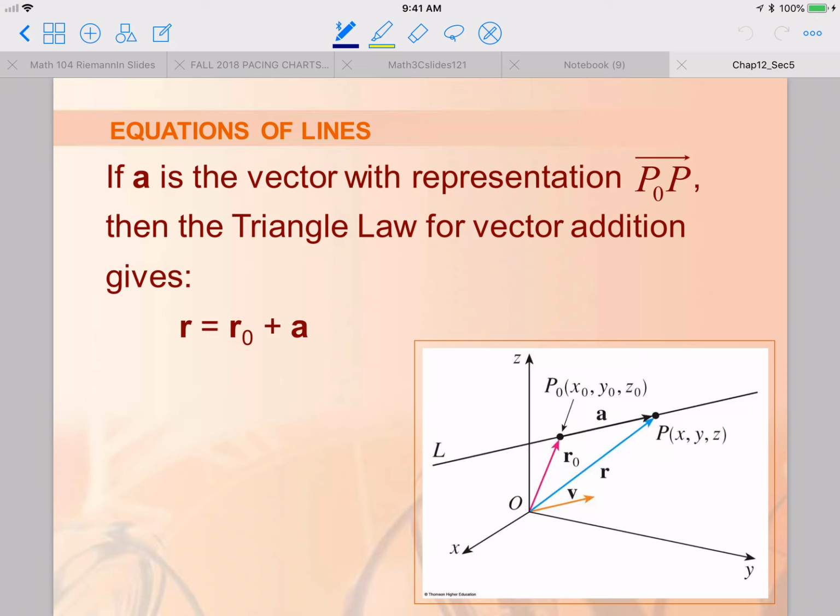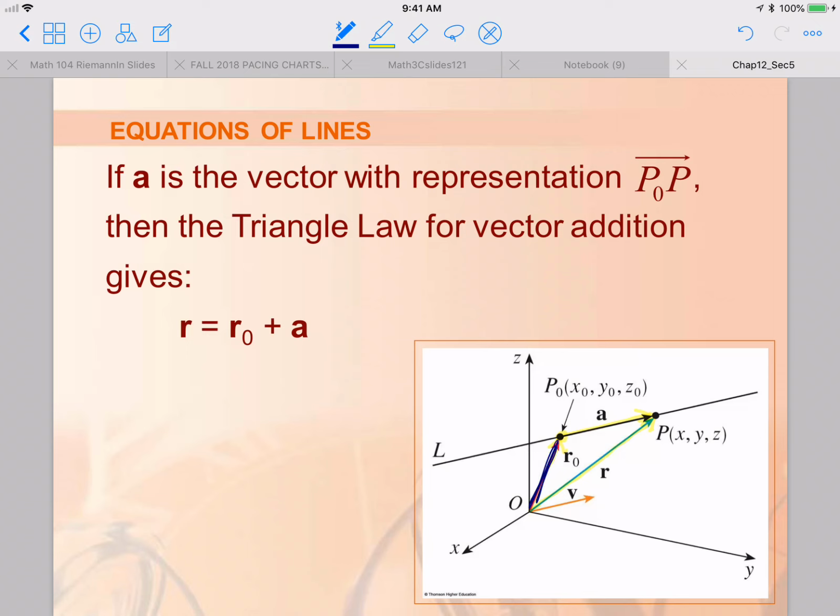And now this gets a little more specific. We're saying that if a is a vector that goes from P naught to P, then we know that r, which is in blue here, has to equal r naught, which is the position vector of that point P naught, plus a. Does that make sense?